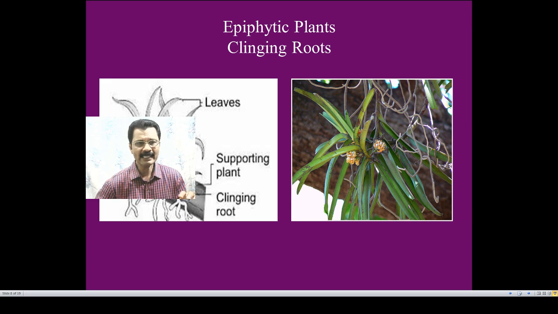And especially Orchidaceae members. There are two types of roots they produce. One is epiphytic root and another one is clinging roots. So it supports on the supporting tree or branches, and such roots are called clinging roots.